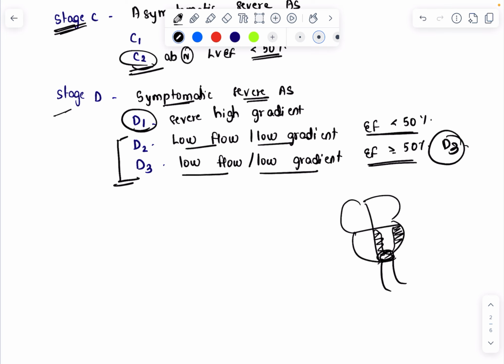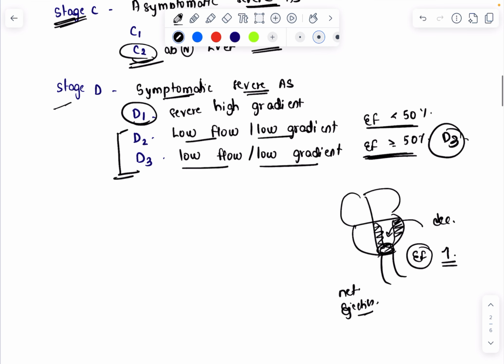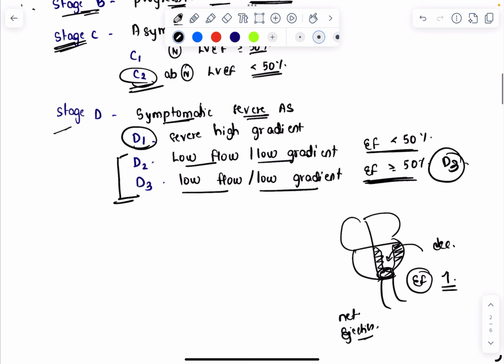So the volume which it can take inside decreases, and that is why the ejection fraction paradoxically is high: because of that low volume which it can take inside, only a little amount is pushed outside. So although the ejection fraction increases, the net ejection volume is very less. Okay, so stage D, D1, D2 and D3.